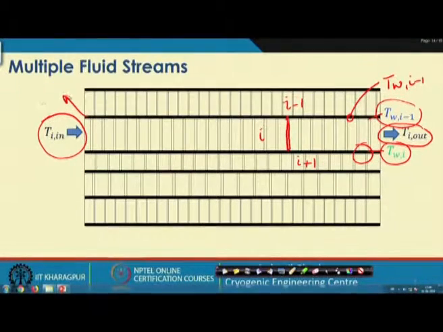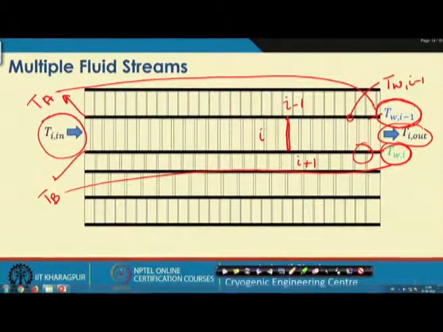Maybe we solved it considering T A and T B in the generalized form, but here it is in the more generalized form of T W I minus 1 and T W I. So, here T W I is T B and T W I minus 1 is T A. So, this correspondence is there.